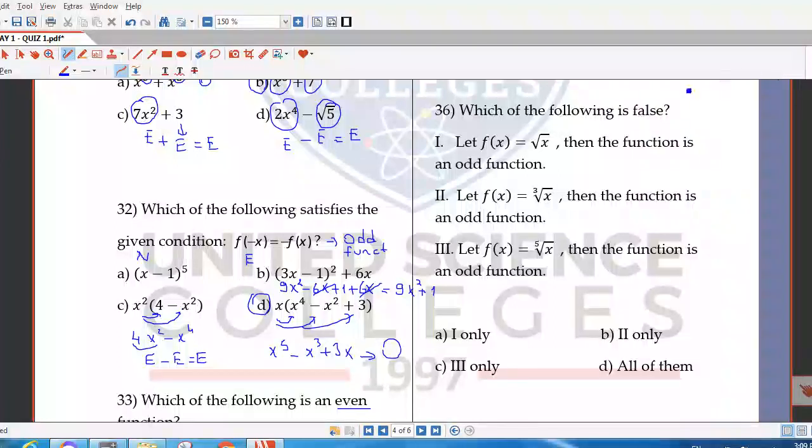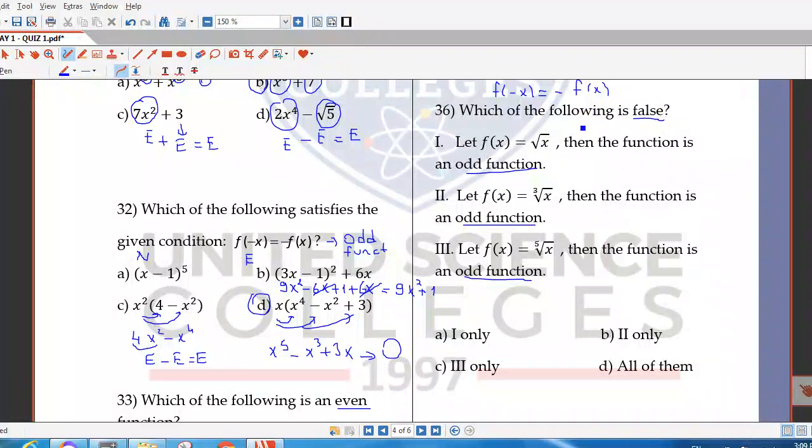Which of the following is a false statement? If we look at each statement, we are looking for odd function. What was the property of odd function? Odd function has to satisfy this equation: f of negative x should be equal to negative f of x.